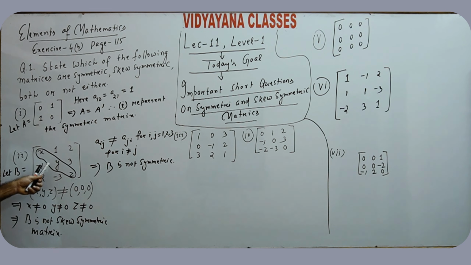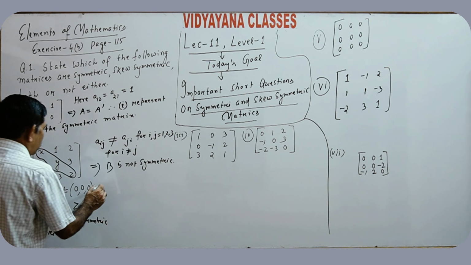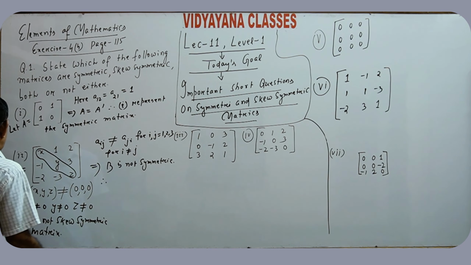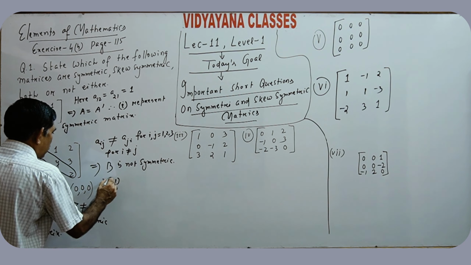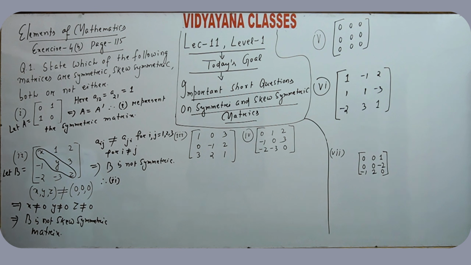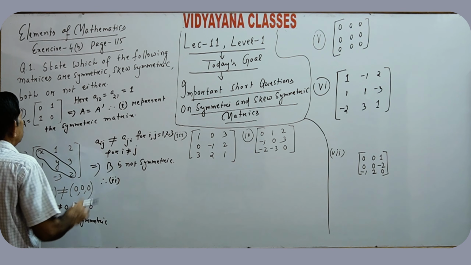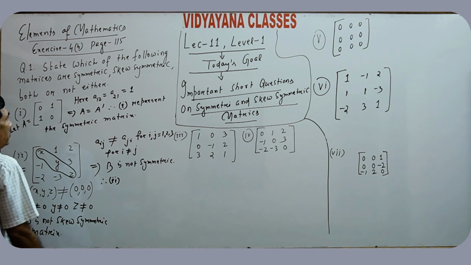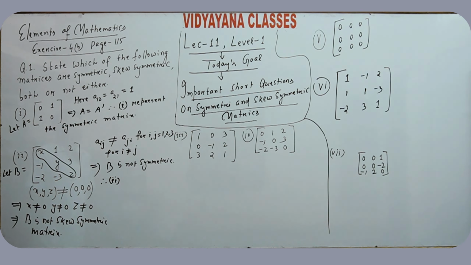A12 is 1, A21 is minus 1, A13 is 2, A31 is equal to minus 2. B is not symmetric. Therefore, second bit implies neither symmetric nor skew symmetric.